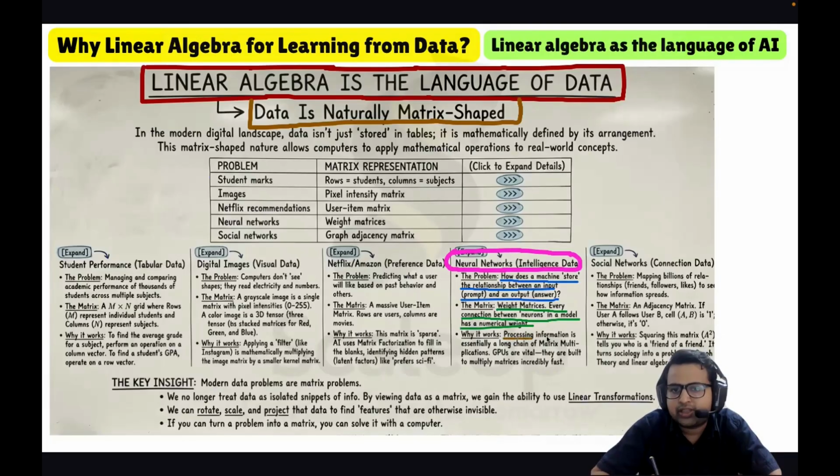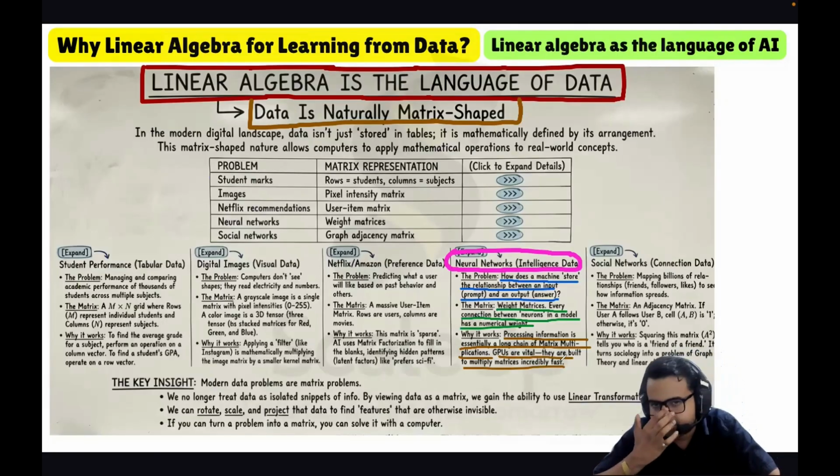Processing information is essentially a long chain of matrix multiplications. This is why GPUs are so vital. They are built to multiply matrices incredibly fast. So if we represent the relationships in the form of a weight matrix, then computation will be very efficient because GPUs are made to carry out matrix multiplications, billions of operations simultaneously.